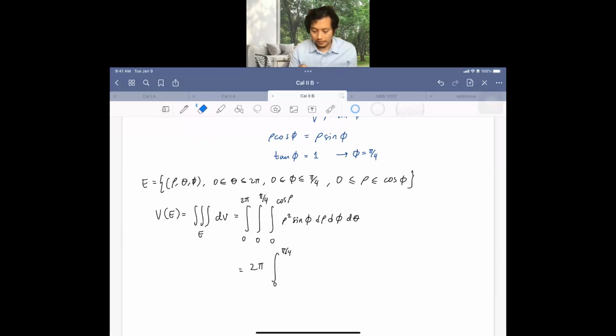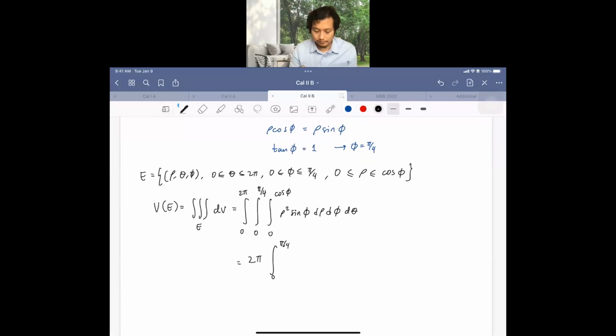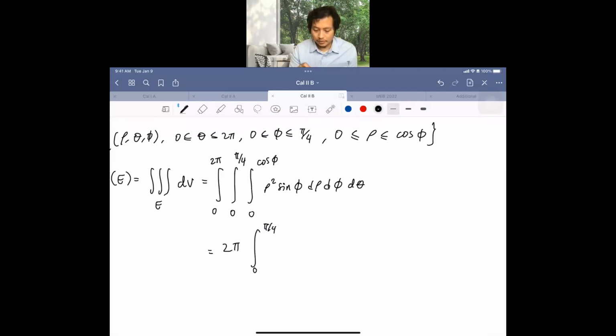It should have, because there's a cosine, not rho, sorry, cosine sine. So we should start from the inside. So we could have rho cubed over 3 and the sine psi.